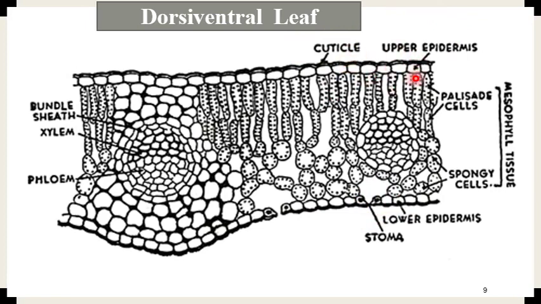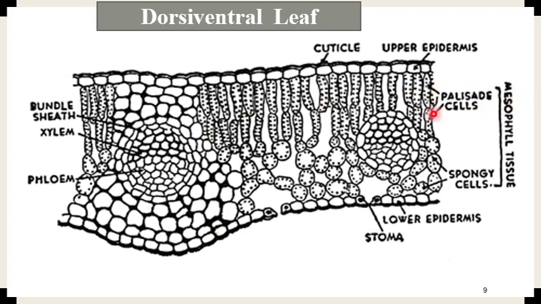Next is the ground tissues. The ground tissue of the leaf is called mesophyll tissue. It is differentiated into two types of cells. Towards the upper epidermis, two or three layers of columnar elongated cells with abundant chloroplasts remain rather compactly arranged more or less at right angles to the epidermis.